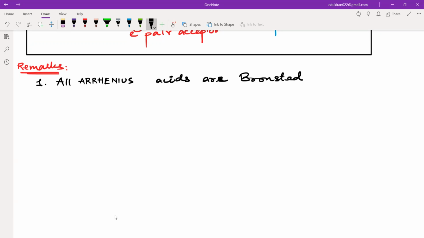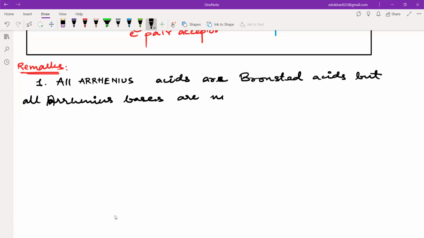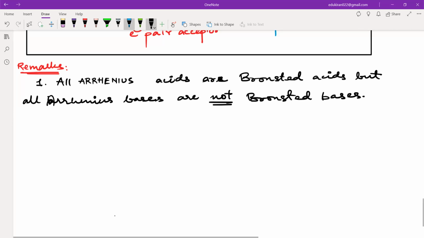All Arrhenius acids are Bronsted acids, but all Arrhenius bases are not Bronsted bases. The example is more important, and you can remember this with example.